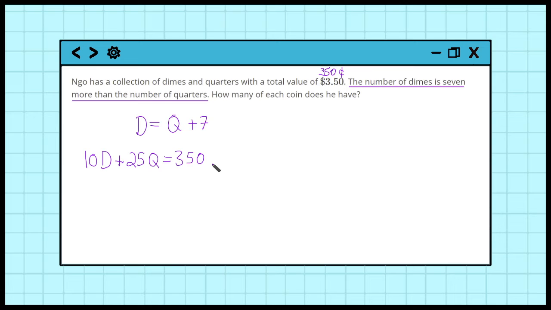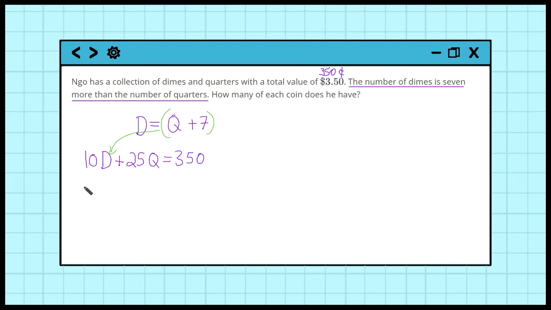Now they want to know how many of each coin he has. So what we're going to do is replace the D in this equation, the number of dimes, with 7 more than the number of quarters. So I'm going to take Q plus 7 and replace the D in this equation with that.